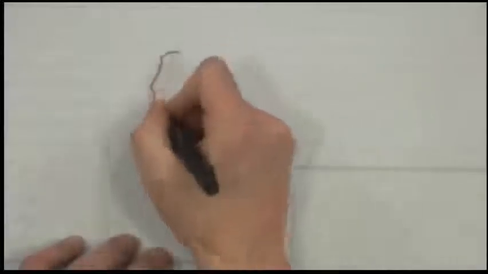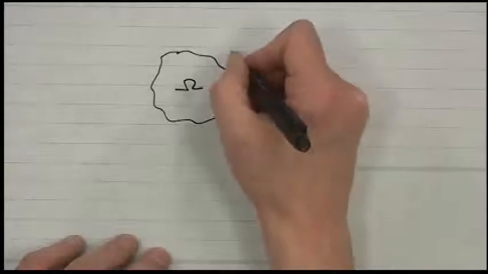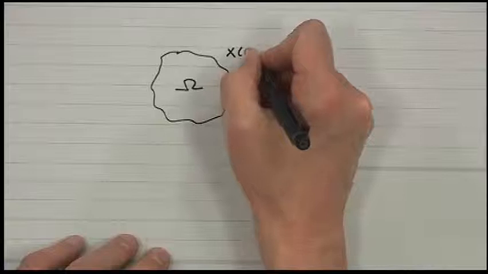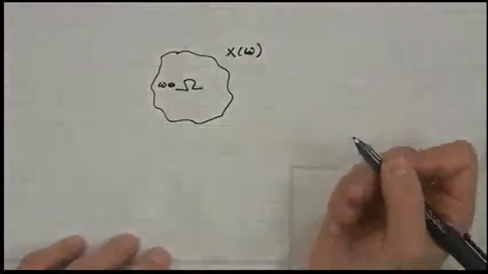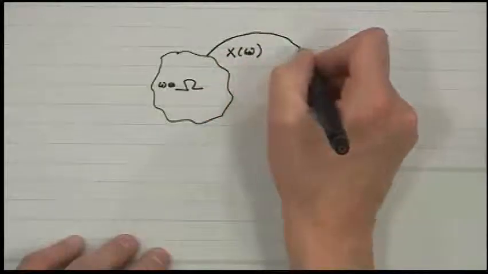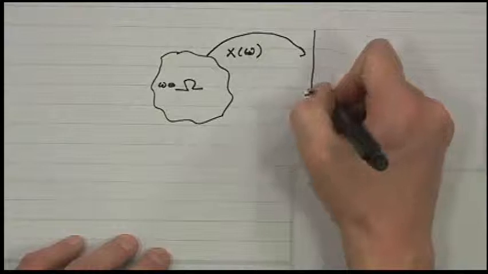You have some probability space, omega, and you have a function, X of omega, where omega is a member of omega, and that function then maps to the real line.